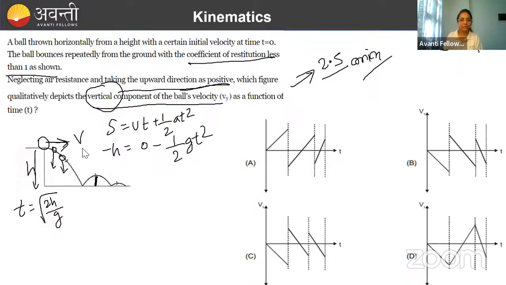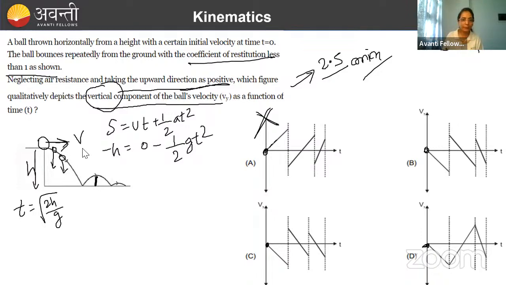Initially vertical velocity is 0, in every graph it is 0, and with time it is gaining velocity in the downward direction. So it must be negative. Which graph will get cancelled first? The first one. It can't be true because in this graph the velocity is positive, which is not possible. Velocity will be negative. So either B, C or D will be true, right?